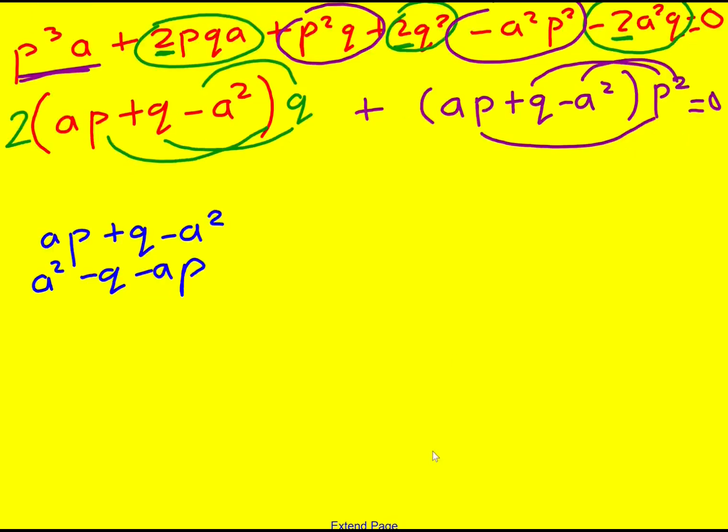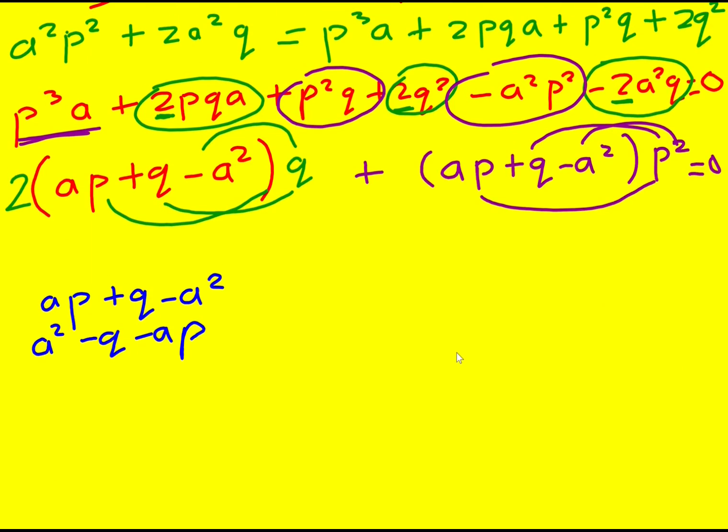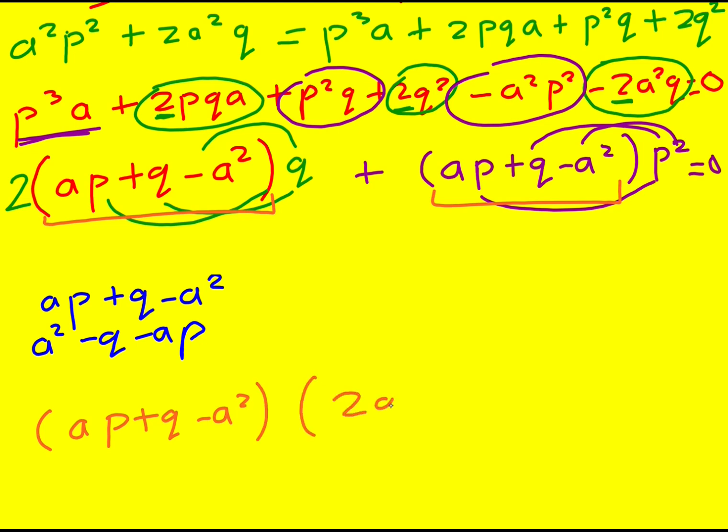Believe it or not, we're nearly there. This is awkward. I've said that a few times now, but what we can actually do is, look, I've got a common factor, so I can just factorize out the whole thing. I'm left with here 2Q plus P squared equals 0.